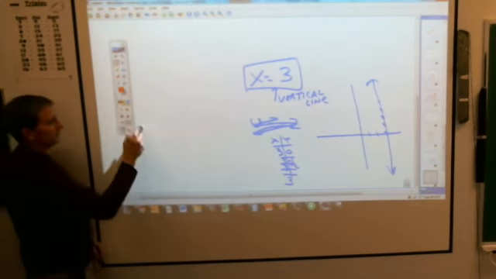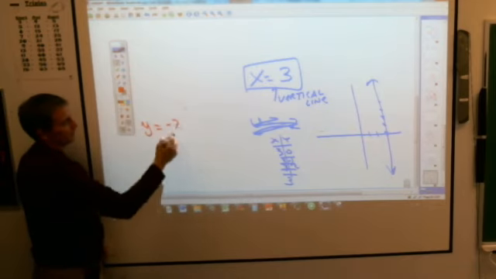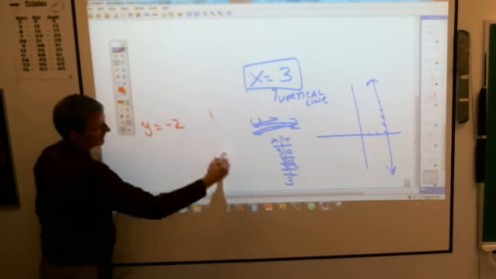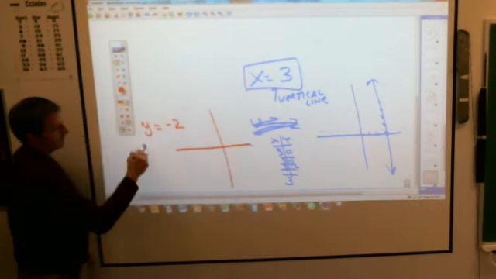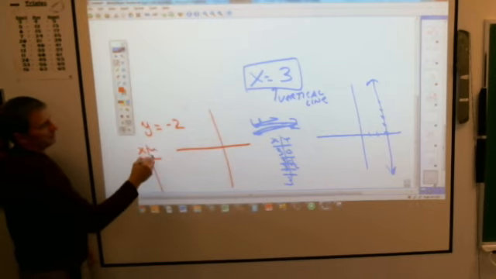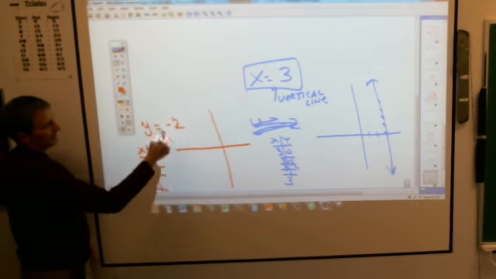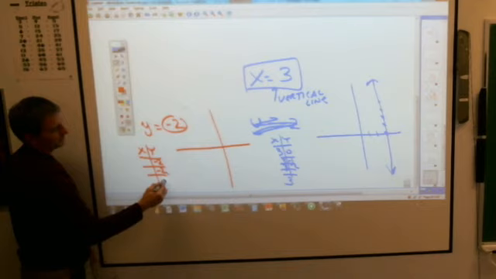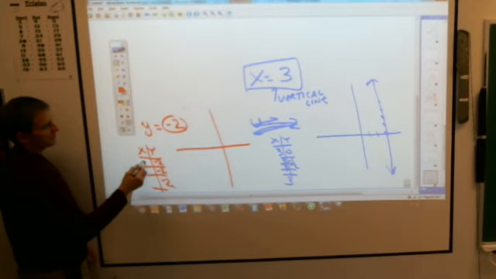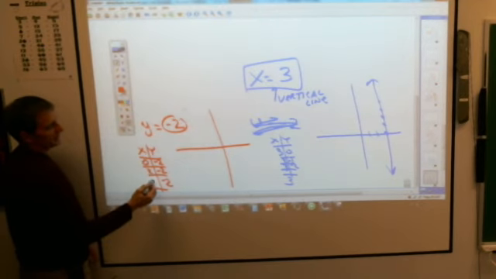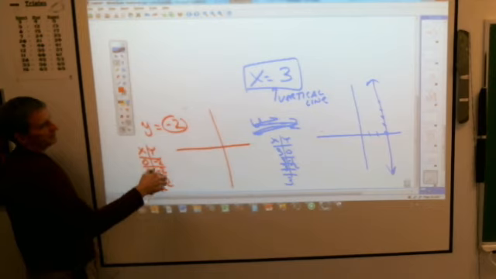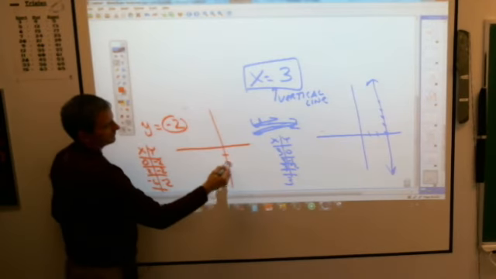Conversely, if y equals negative 2, using that same logic, you have no choice with y. It has to be negative 2. So no matter what x is, x could be 0, 2, negative 6, y is always going to be negative 2.